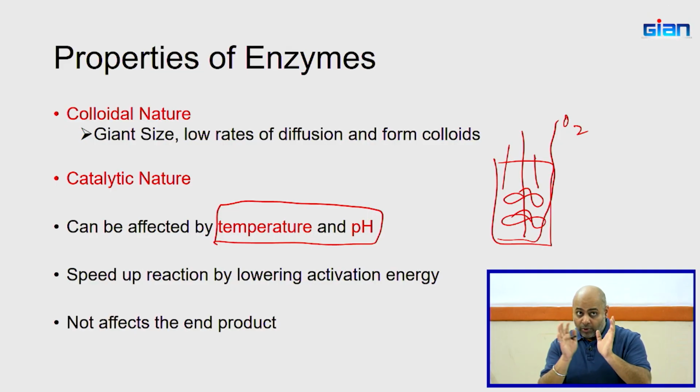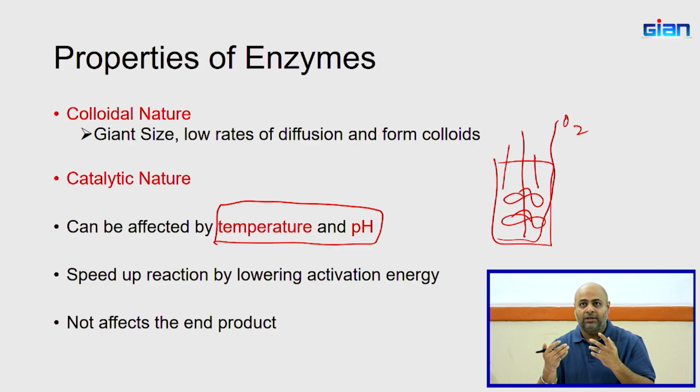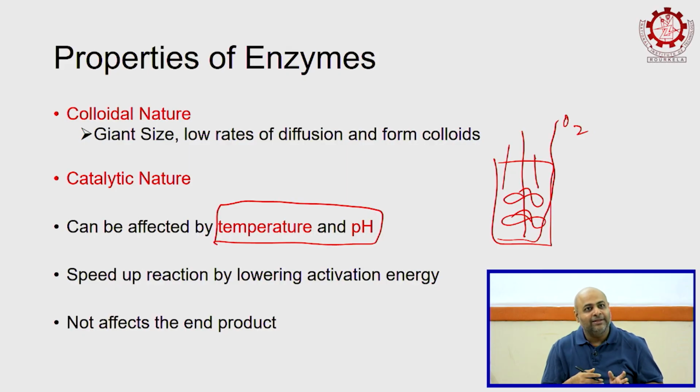The other aspects, the ones which we can control and which change as the product is formed or the substrate is consumed, are your temperature and pH. The temperature and pH can impact whether your reactions are going forward, stopping completely, or going backward, right.